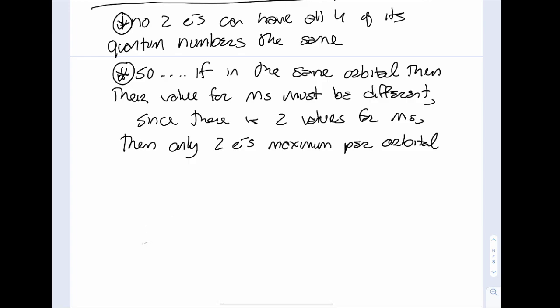So electrons, remember, have the same charge. So I have one negatively charged particle trying to cohabitate in the same region of space as another negatively charged particle. Based on charge, they don't want to do that. Why would one negative charge like to hang out with another negative charge? They don't, right? But if you spin them in opposite directions, now there's a weak magnetic attraction between the two.